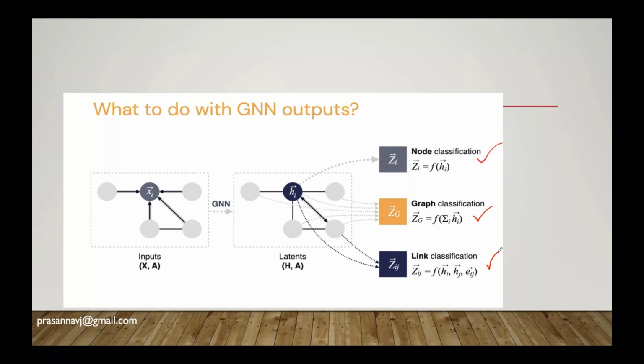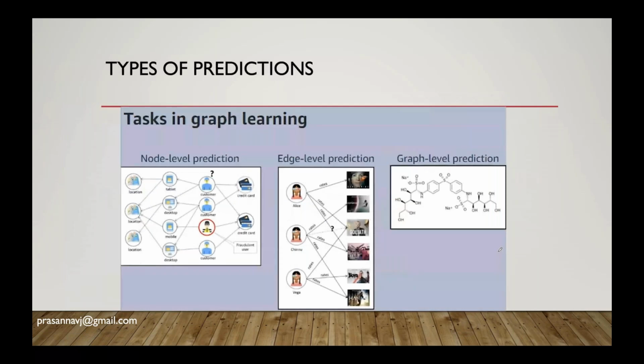We saw an example before. In the first one, we talked about a customer, which is nothing but a node or a vertex, and effectively predicting whether this particular node or vertex has fraudulent data or not. That was our requirement there, so this can be classified as a node classification.